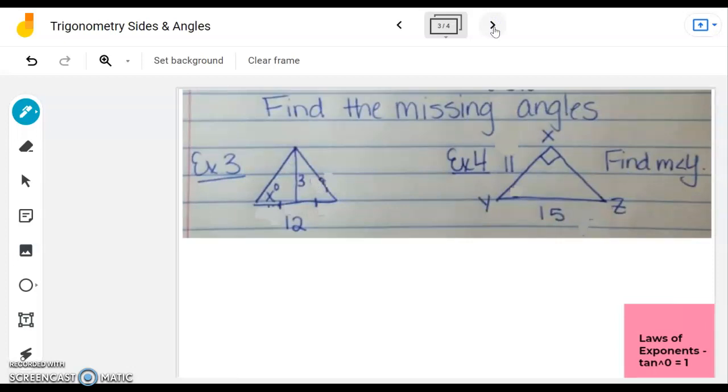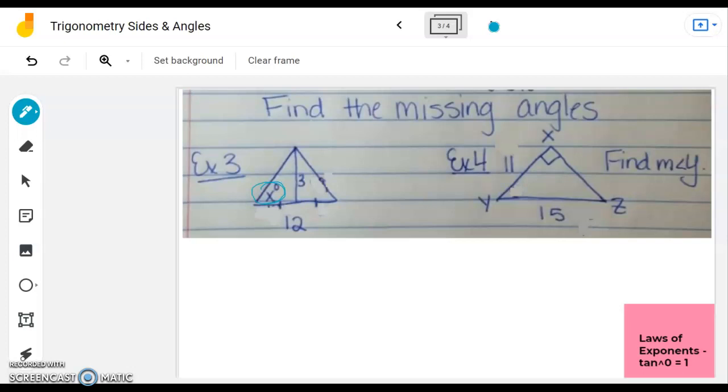Find the missing angles. So now we can also find the angles that are missing. So in example 3, theta is going to be x, and I do need to identify the sides based on theta. So if I put my hand on x, I'm covering up the hypotenuse, but that doesn't have a number.